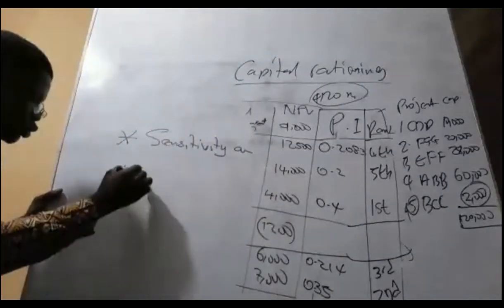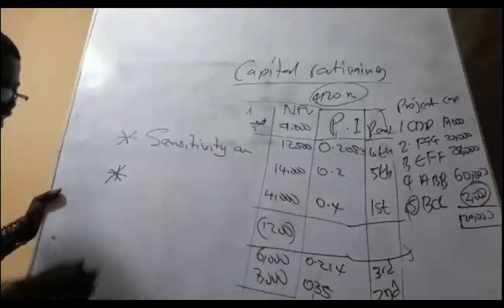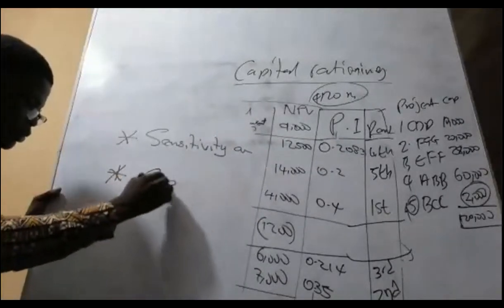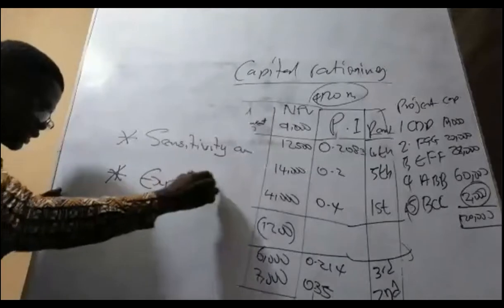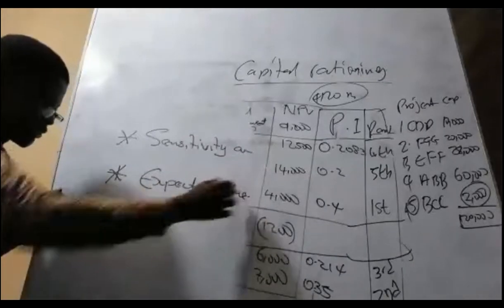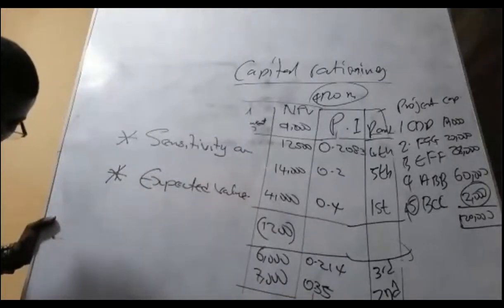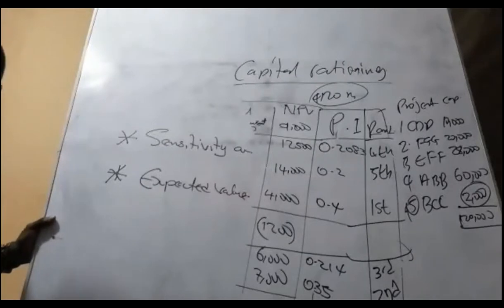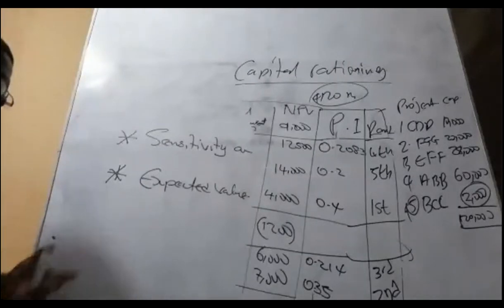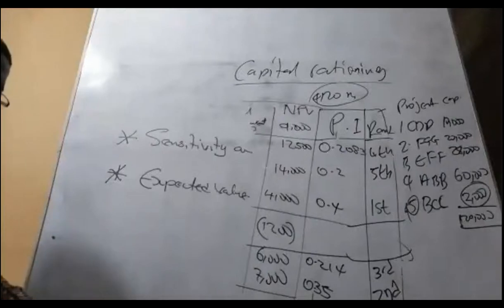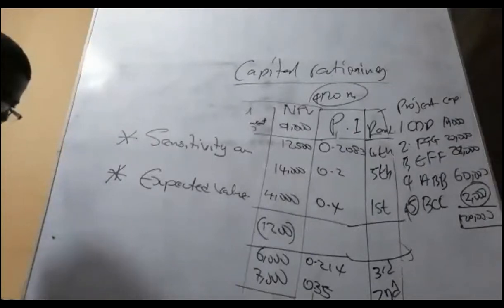Good. Two, by using what we call expected value. That's probability. Expected value using probability. Good. There are a lot, but these two will be very good for you.